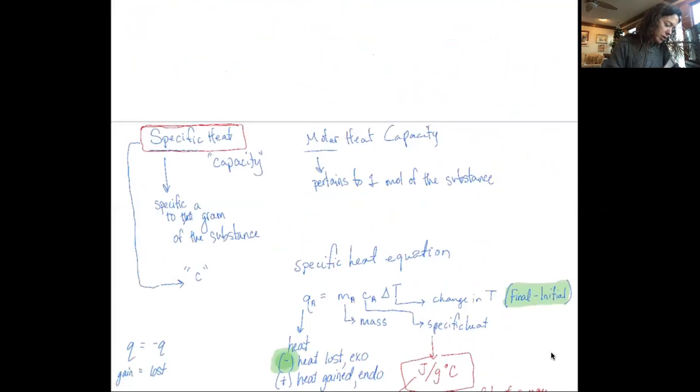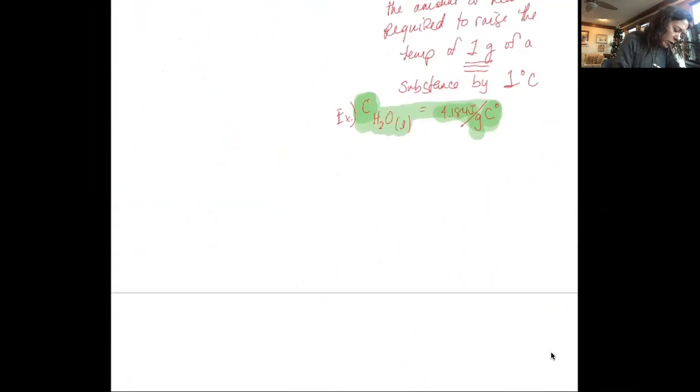Okay, now that is specific. Notice up here, we said that we've got a molar heat capacity. Well, I could turn this 4.184 joules per gram degrees Celsius, I could make it molar, right? Because this is water. And I could say that there are 18.02 grams for every 1 mole.